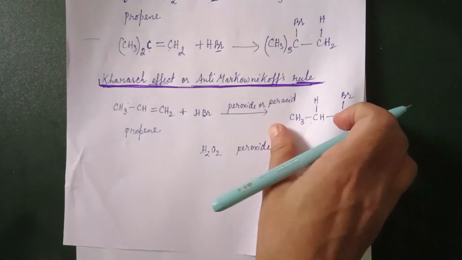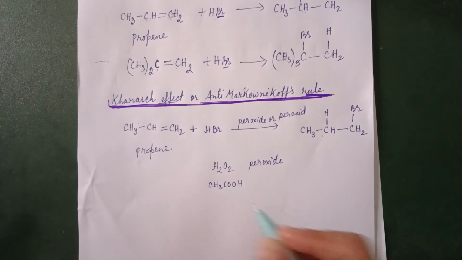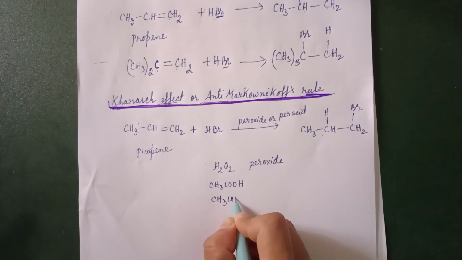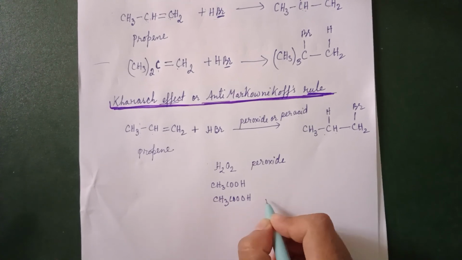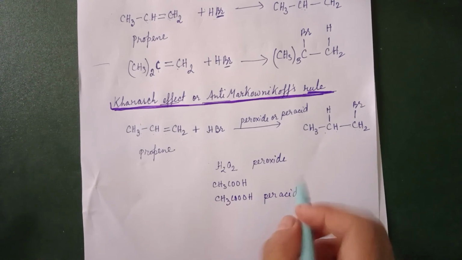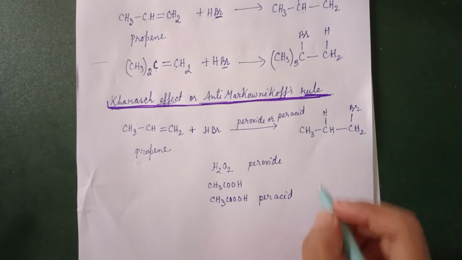Now if I say acid, CH3COOH is your acid. Now if I add an extra oxygen here, 1 2 3, this becomes a peracid. So one extra oxygen comes, it becomes peroxide; in case of an acid, it is called peracid.